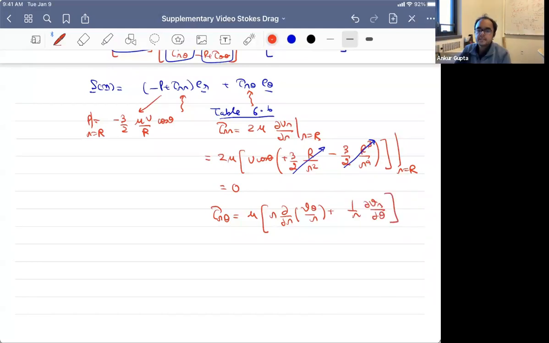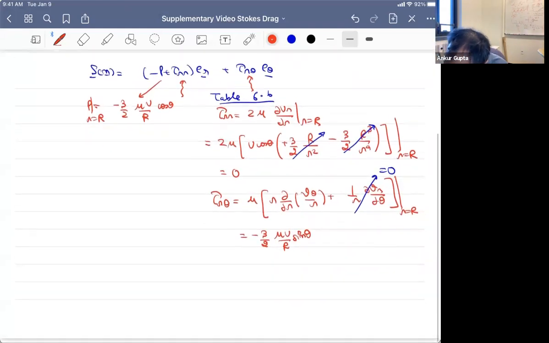Okay, so this is exactly the formula given in the book, and you evaluate this at R equal to capital R. I'll skip a couple of steps here so that I don't make the video too long, but essentially this would come out to be 0. And the final result you will see will be minus 3 by 2 mu u by r sine theta. Okay, so let me make sure this result is correct. You do get minus 3 by 2 mu u by r sine theta.